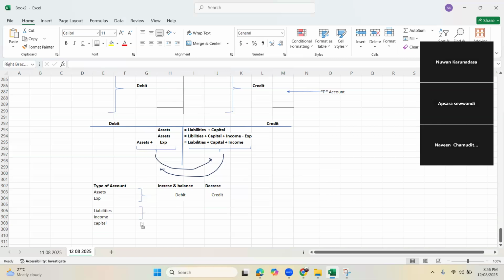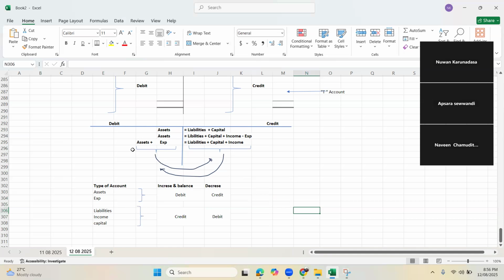Then increase in liability, capital and income, we do credit, and the decrease will be debit. This is the double entry system.